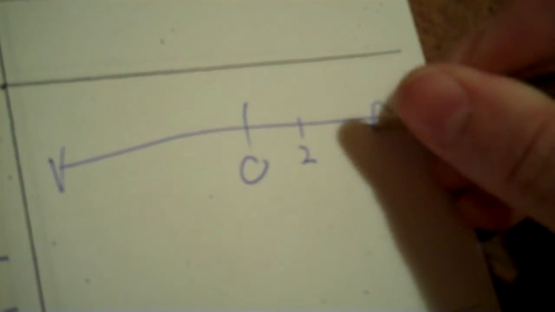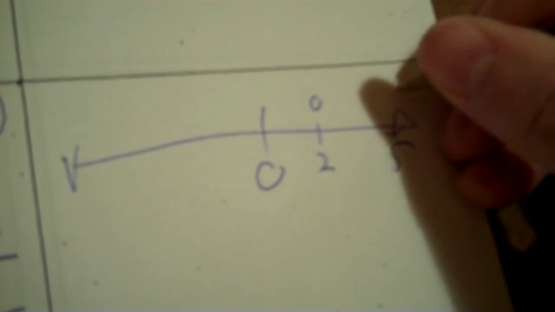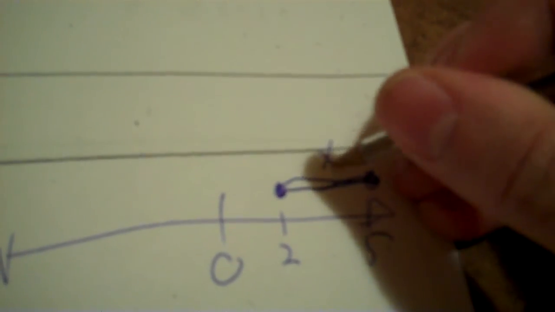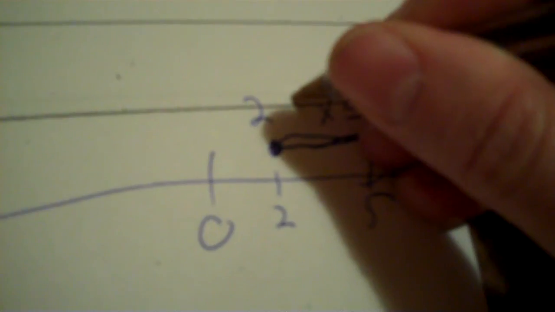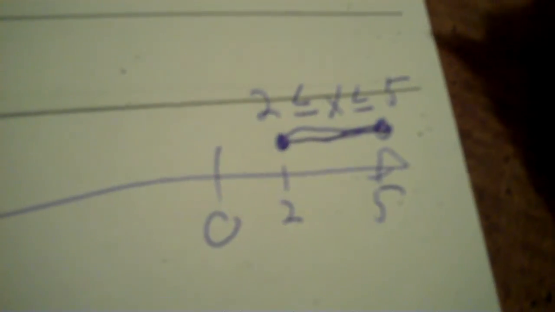So you're going to fill them both in. The 2, it eats the x, because when it eats the x, it goes this way. With the 5x and 5, it eats the number, so that takes us back this way. So you got 2, you got 5, you need to eat the 5, then you need to eat the x, okay?